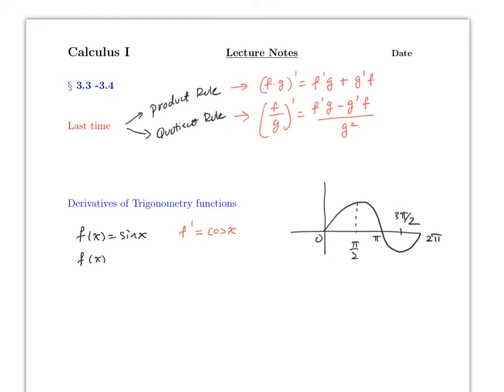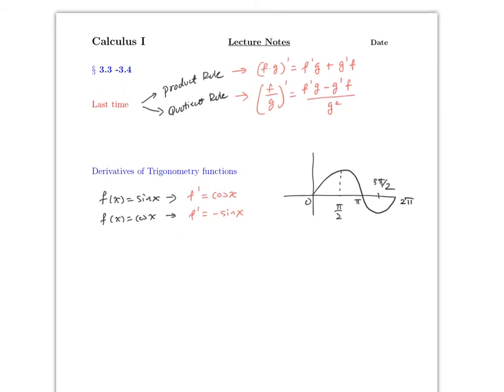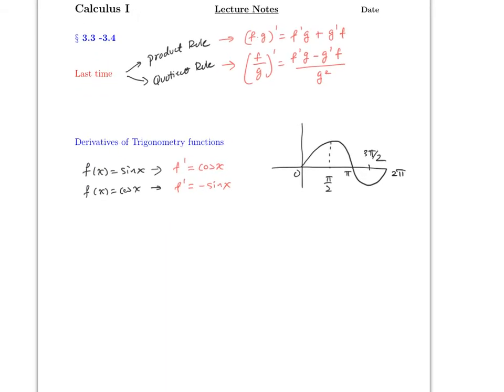And if f of x is cosine, then the derivative is not sine, it's actually minus sine of x. Now remember, the graph for cosine looks like this. This one starts in here, and it does this, which, if you keep going, will do this.